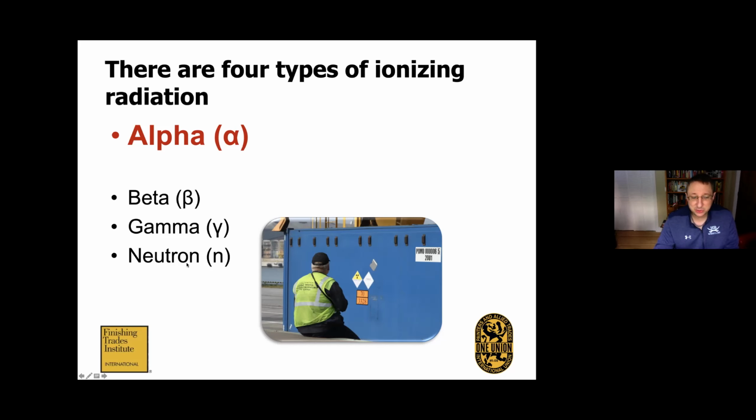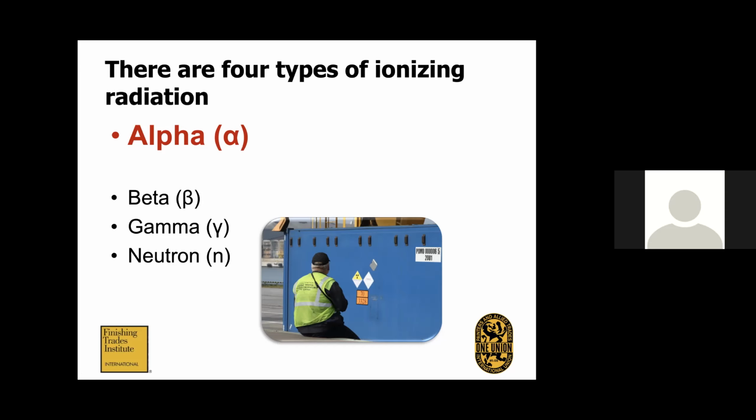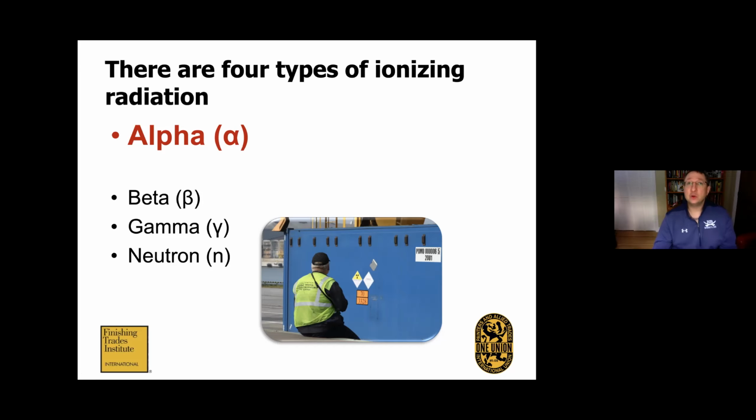I'm not going to mention neutron too much. Power lines, don't they produce a lot of radon? I thought I'd heard that before. No, so power line, very good question. So power lines produce electromagnetic waves, and electromagnetic waves are a type of radiation. There's not enough research to show that it can cause cancer.